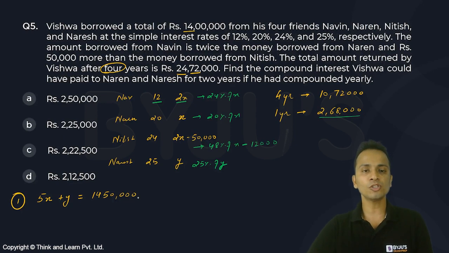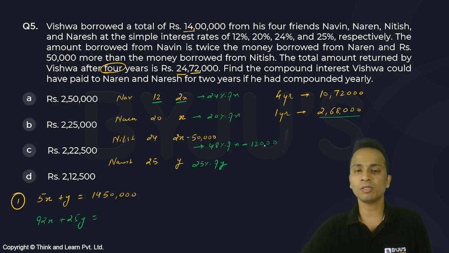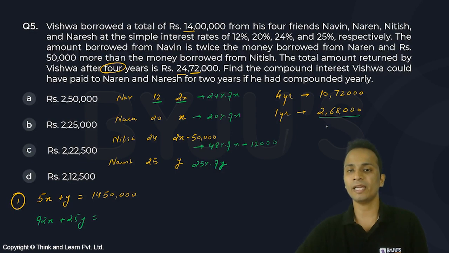So equation number 2, I can write it as 24 plus 20 plus 48, that is 92X, plus 25Y is equal to 2,68,000 plus 12,000, that is 2,80,000.